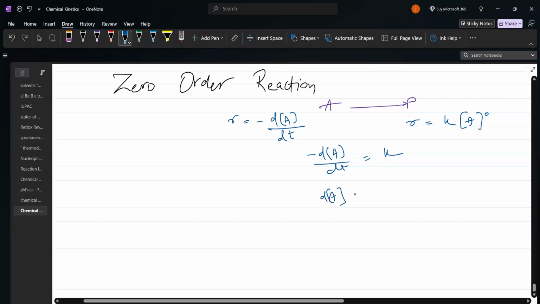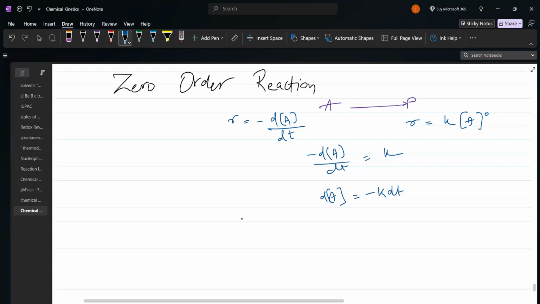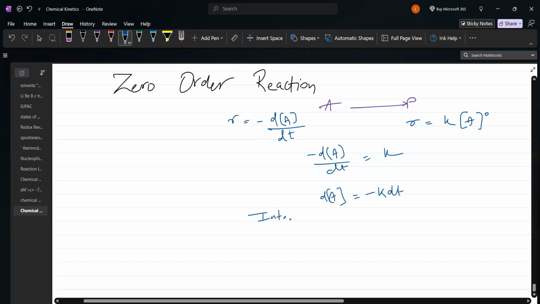I will give you time before 8; we will end the session today. So dt will be coming here. Now we are integrating both sides. We will integrate like this and we will get like this. Understood? K was constant, that is why it is out of the integration.